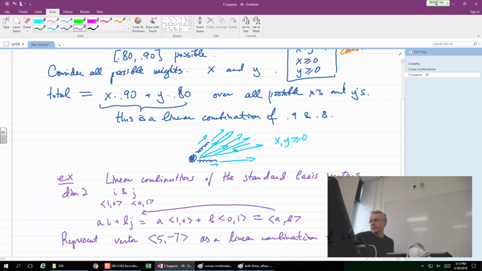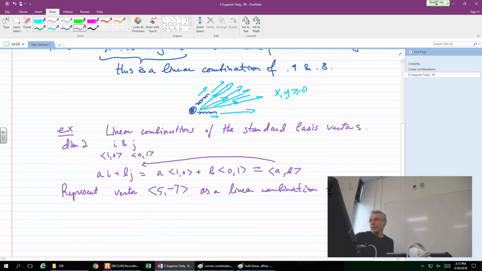What's the answer? (5, negative 7) is equal to something i plus something else j. What are those numbers? 5 and negative 7, that's right. So that is very predictable, and the problem is solved.